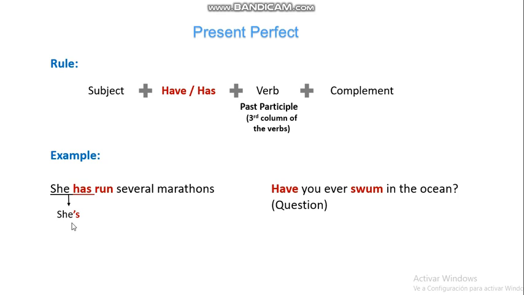But how can we realize that it is not is and it is has? Because the verb is in the third column. Now we have a question. Have you ever swum in the ocean? The auxiliary have and the verb swim in the third column.